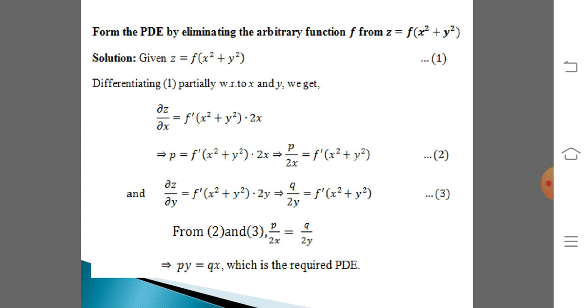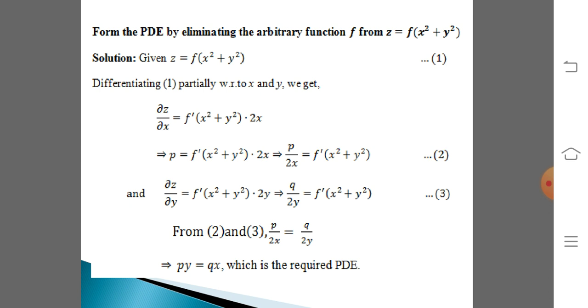You take the given equation z equal to f of x square plus y square as number 1. You differentiate equation number 1 partially with respect to x. You get dou z by dou x equal to derivative of f is f dash. So f dash of x square plus y square into, you have to differentiate x square plus y square with respect to x, and the value will be 2x.